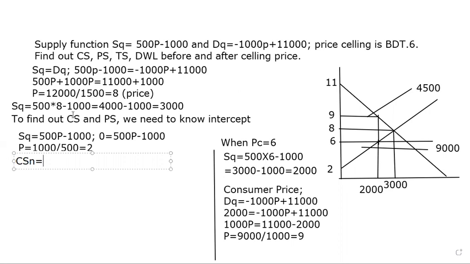So we can just put below here tilde delta P plus, then the area should be here. This is the area, consumer surplus area. So we can put value here.